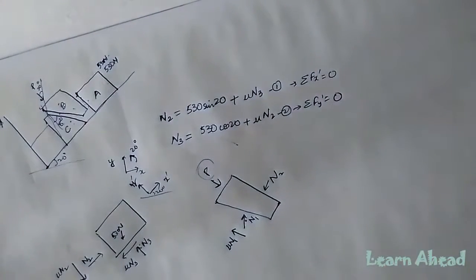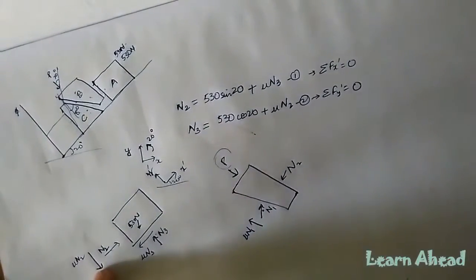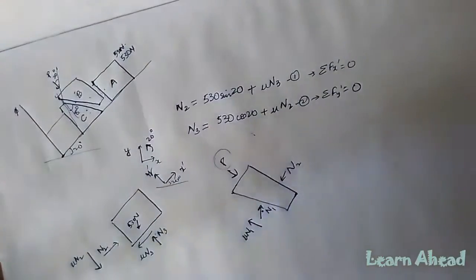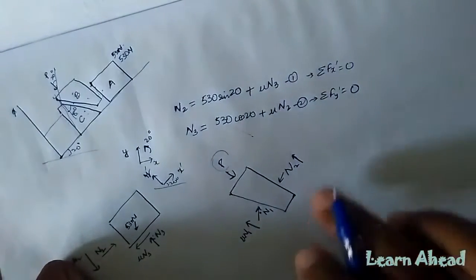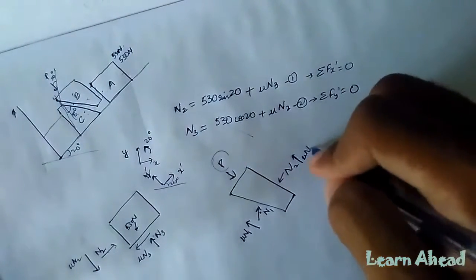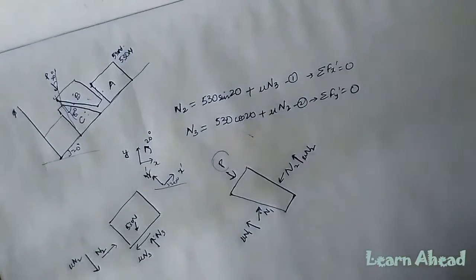And again what I was emphasizing earlier, here the same block B was trying to pull down the block A, but the block A will try to keep this block B at rest by pushing it by a friction force mu N2. So all depends on the tendency of the objects, the tendency of the friction to avoid relative motion.